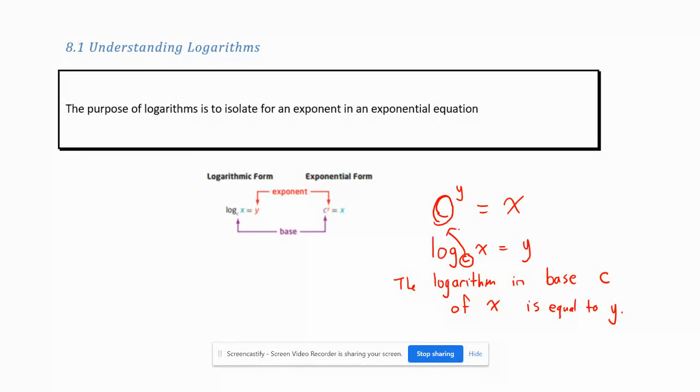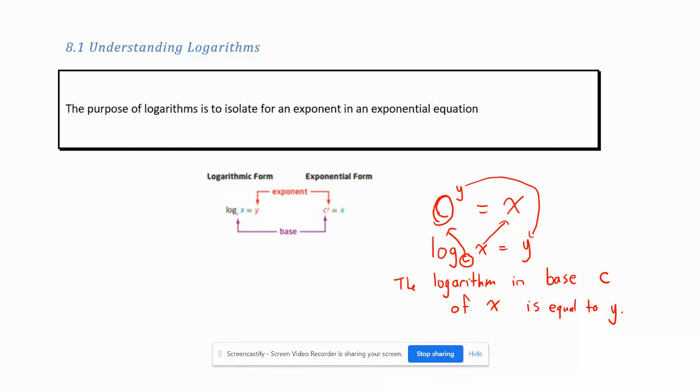Those match up. This part, which we call the argument or the answer, in an exponential equation goes in this part of the logarithm equation, and the exponent gets isolated over here.